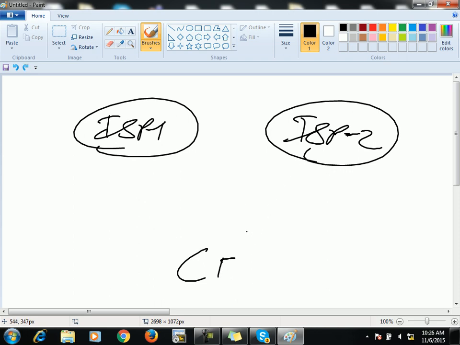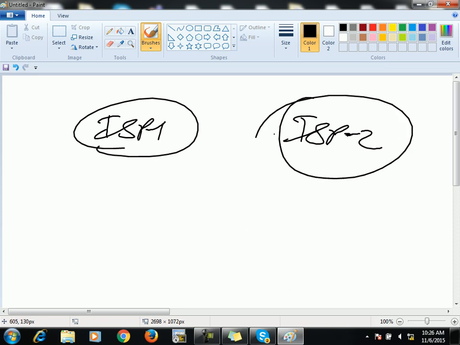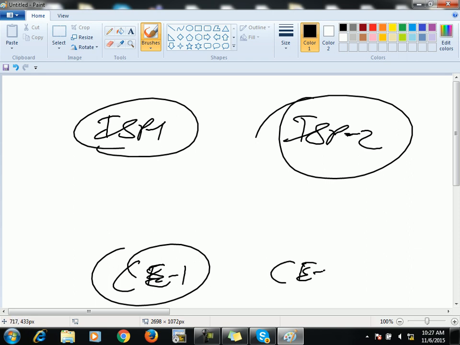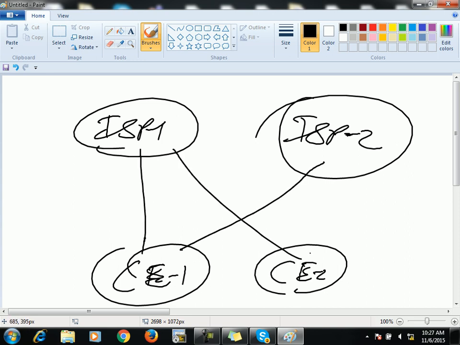Apart from it, you also have dual multi-homed. If you have dual multi-homed, it means you again need at least two ISPs, and from each ISP you have to take at least two internet connections. So this time I'll take at least two customer edge routers. This is CE1, this is CE2, and they are interconnected, and they take connections from ISP1 and ISP2, and similarly over here.